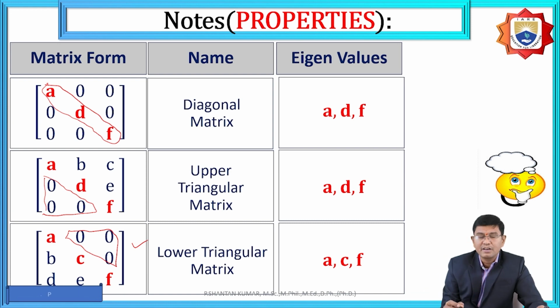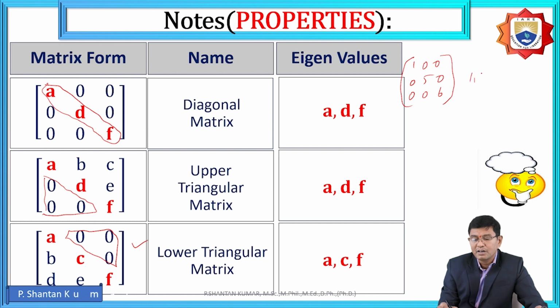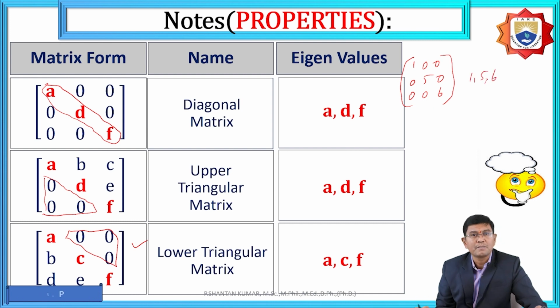For example, consider the first matrix 1 0 0, 0 5 0, 0 0 6. This matrix is a diagonal matrix, and clearly the eigenvalues are the diagonal elements: 1, 5, 6.